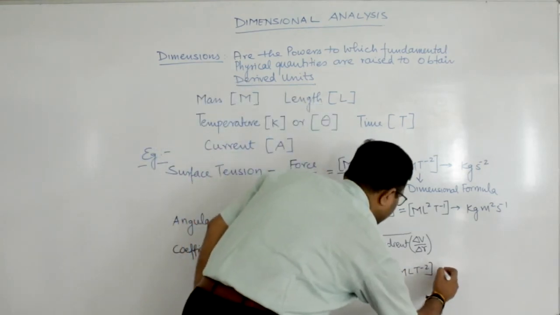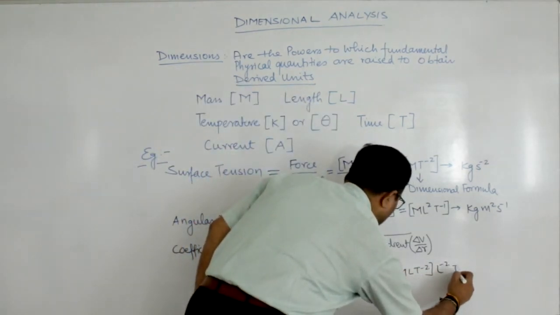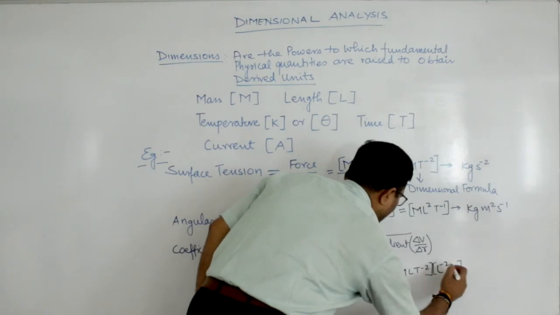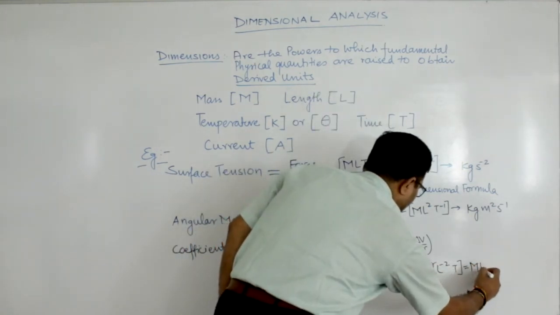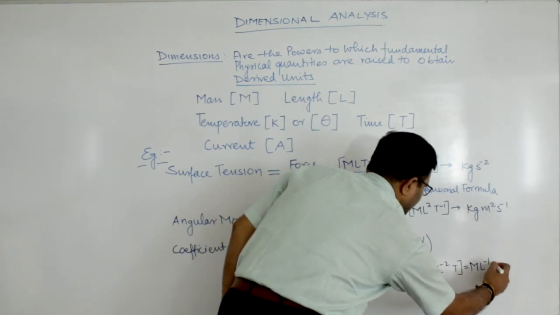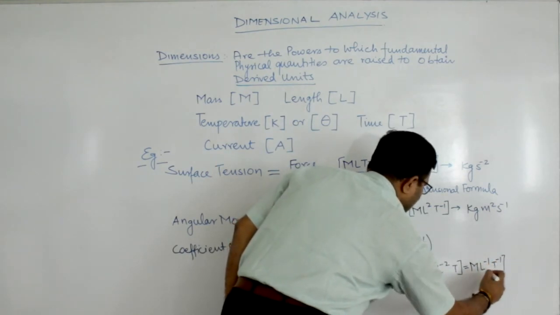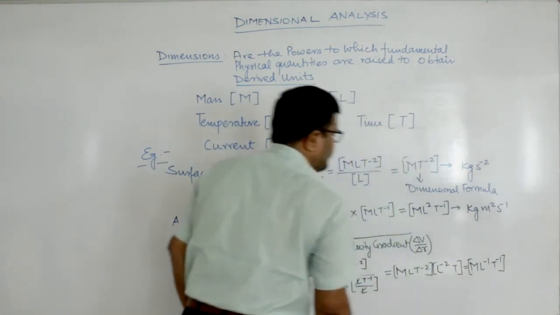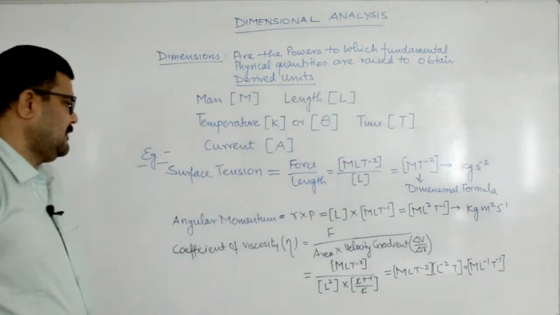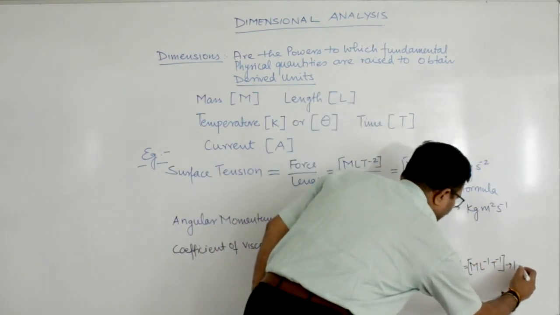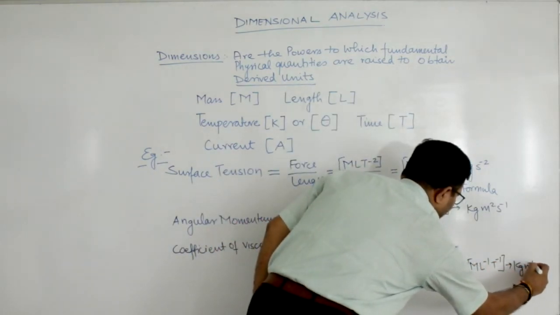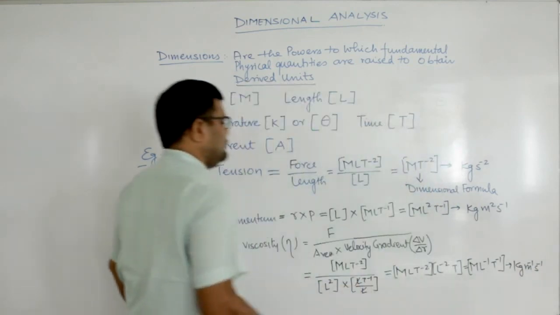So this is L^-2 T. On solving it, you are getting ML^-1T^-1. This is the dimensional formula for coefficient of viscosity, and unit will be kilogram per meter per second.